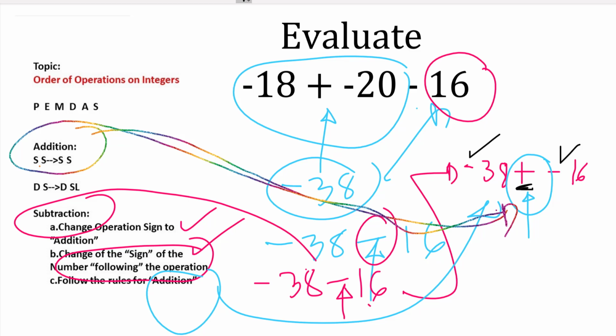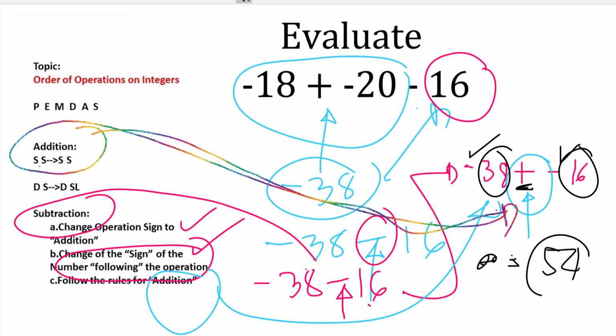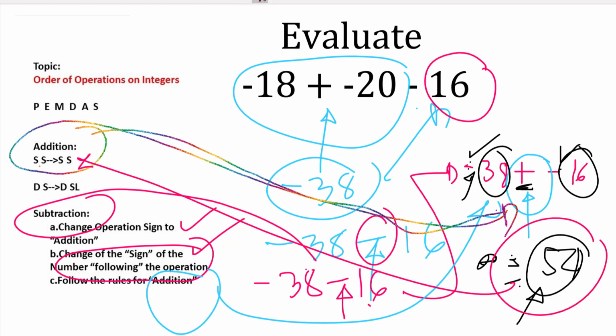So we'll have negative 38 plus negative 16. You will have 54, the sum of the two absolute values. But this 54 will take the sign of the two addends, negative 38 and negative 16, that's the rule. So it will be a negative 54.